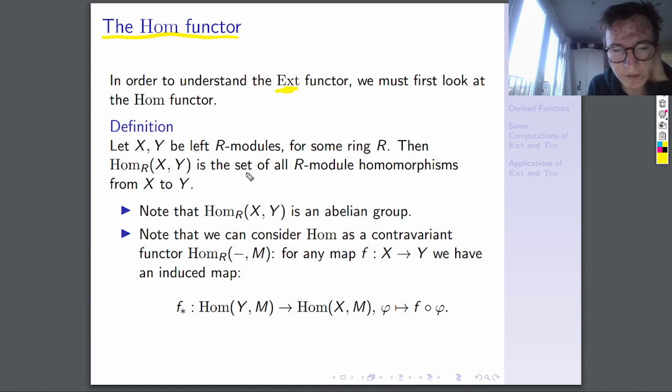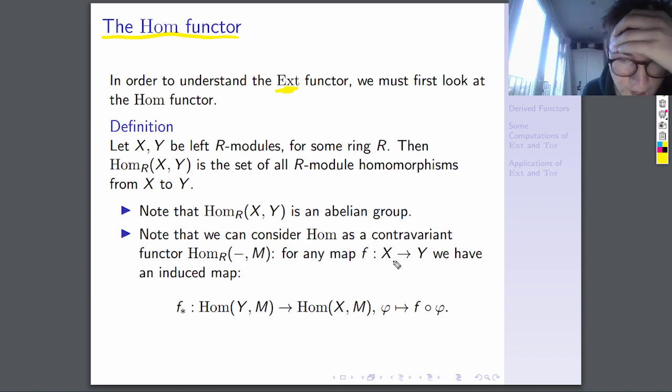But anyway, it's defined as the set of all R-module homomorphisms from X to Y, and of course, it's not just a set. We can quickly make it into an abelian group, and we can consider it as a contravariant functor, as so.